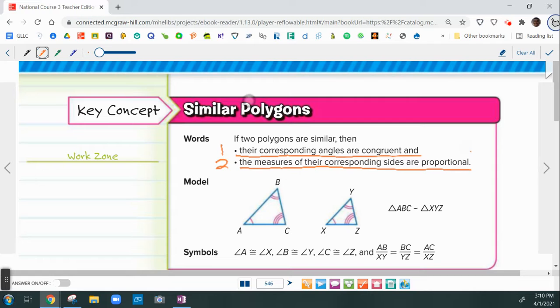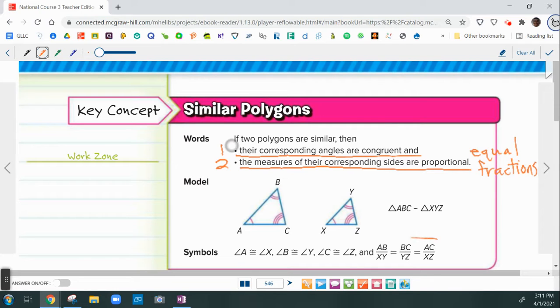That means they make equal ratios or fractions. So if you pair up the corresponding side lengths, one from one shape, one from the corresponding part of the other shape, all the pairs will form equal fractions.